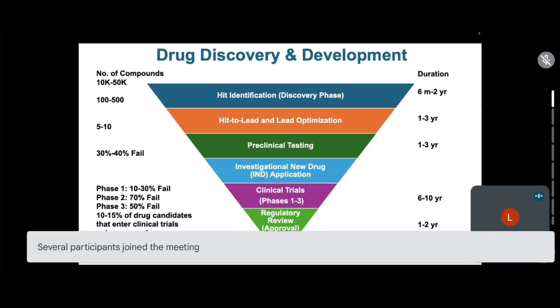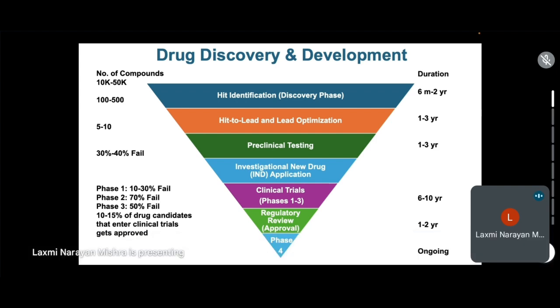Preclinical studies include toxicity studies, as I mentioned, pharmacology and pharmacokinetics tests, and only a few lead compounds are advanced to these tests.